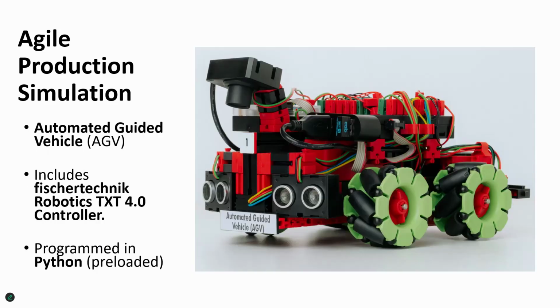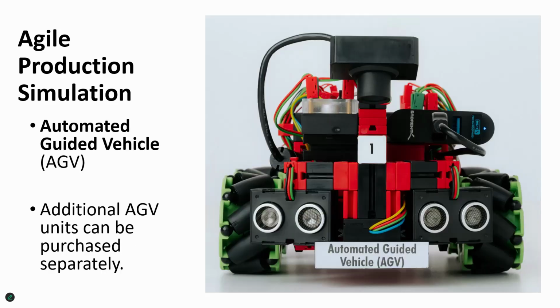And just to provide a little more information on the AGV itself, it is, of course, a module which transports the workpieces from one module to another. It's controlled by a Fisher Technic Robotics TXT 4.0 controller, which has been pre-programmed using Python. The AGV is essentially a track-bound vehicle that follows the printed black tracks found on the factory floor.